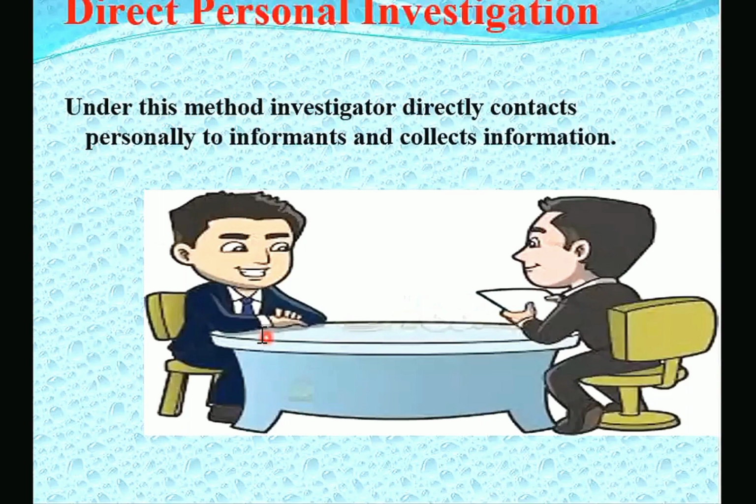The first one is direct personal investigation. Under this method, the investigator collects data by having direct contact with the informant and conducts an on-the-spot inquiry. The investigator goes to the field personally, contacts the respondent, and convinces them to give the information under study.